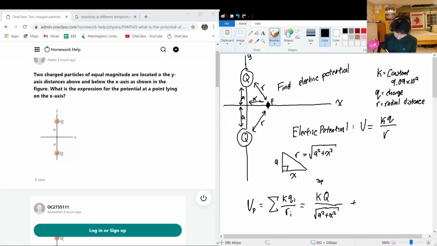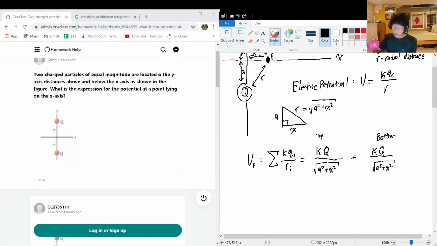Now we have to consider the bottom one. So we still have the K, and it's the same charge, Q. And what's the R value for there? It's precisely the same. It's the same right angle triangle, but flipped upside down. So we have the same A squared plus X squared down here. Now, are there any other charges that we need to worry about? Nope, it's only these two. So we can try to simplify this equation. The electric potential at point P, the point of interest that we're measuring at, is the same thing added to itself, so we can just multiply it by 2.